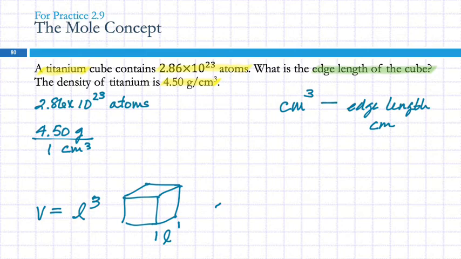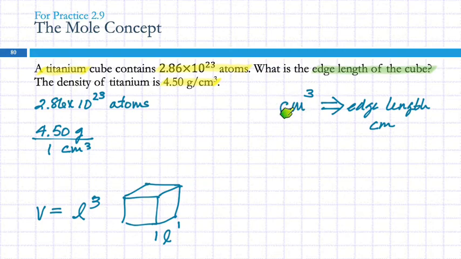Now this is going to be an equation, so I'm going to make that a different looking arrow because that's not just going to be a conversion factor. How can I get from atoms to cubic centimeters? Moles and grams. Yeah. Here's a clue right here because this is grams and cubic centimeters.